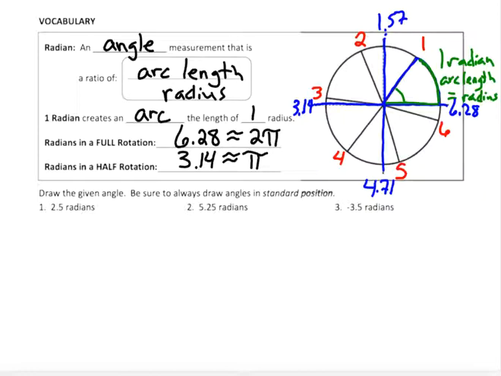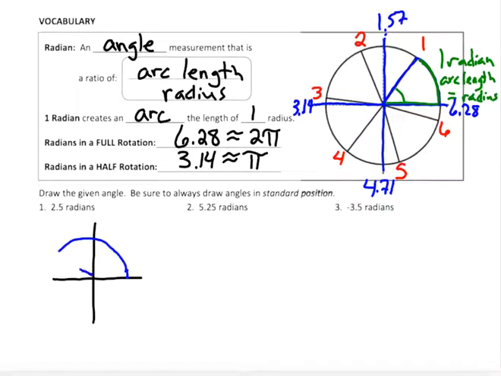Now when I'm graphing these, I'm going to draw my x and y axes. One way to think of this is that 2.5 radians means I'm going to go 2.5 radius lengths around. So this is my radius. I'm going to go 1 radius, 2 radius, and about a half, ending about there.